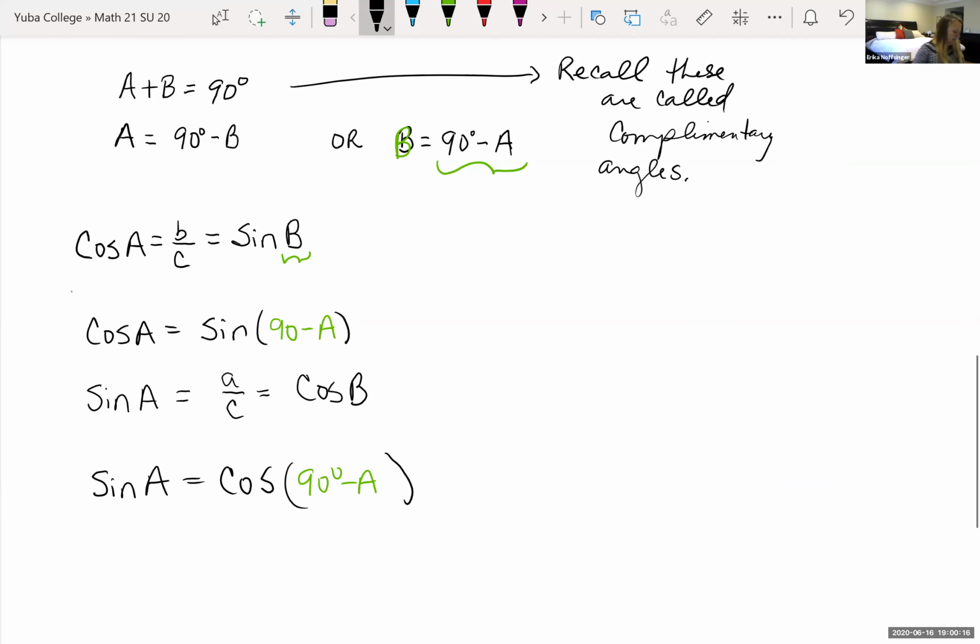So this is the complementary angle theorem.